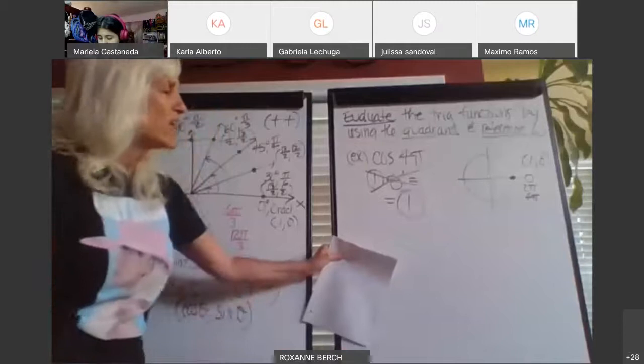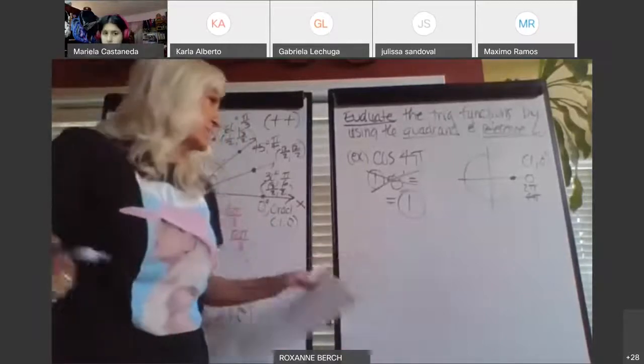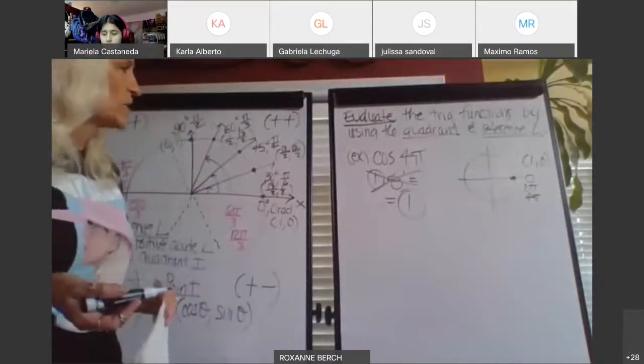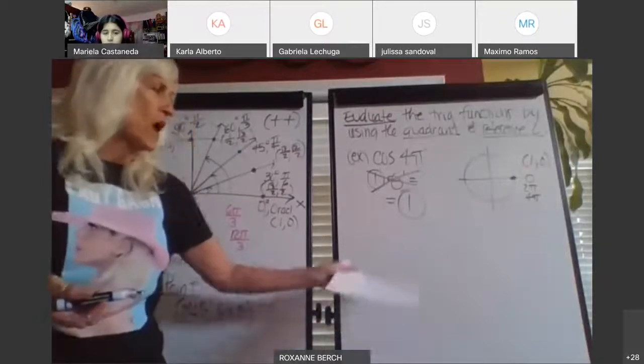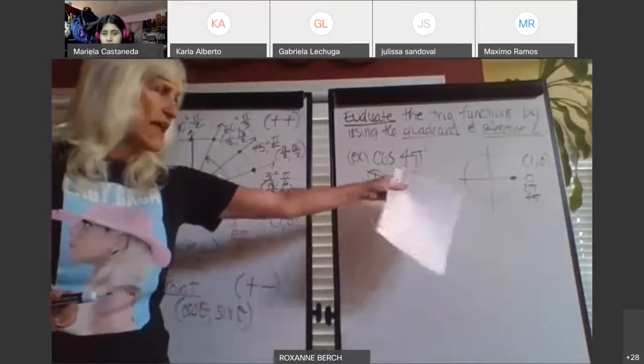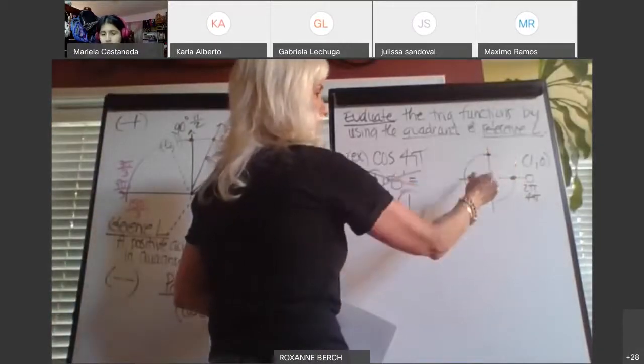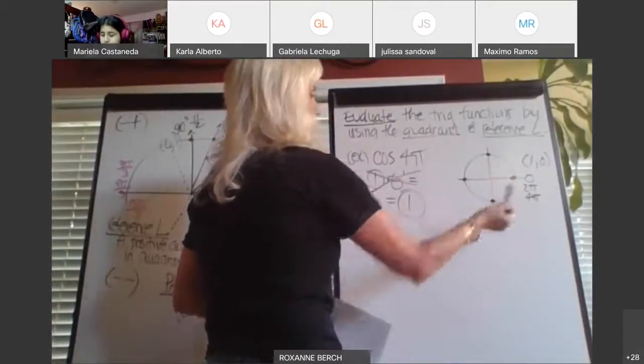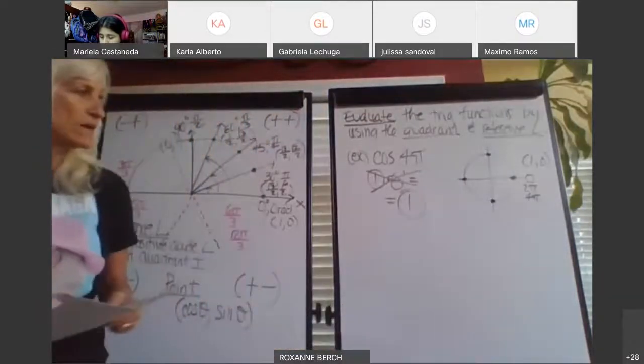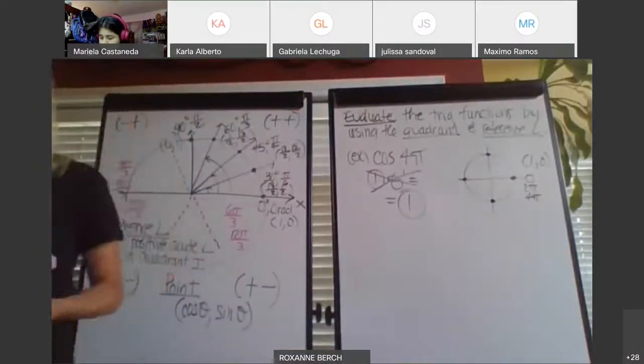So for quadrantal angles, it's a waste of time to do a reference angle when you're trying to evaluate. Just use common sense. Quadrantal angle, it's either right 1, 0, up 0, 1, or 0 down 1, and you can figure out cosine and sine from that.